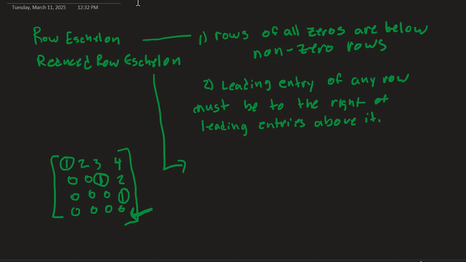So this is not reduced row echelon because we have this 3 here. So I've got a 1 in the leading position in column 3, and so I should have zeros in all of the other rows in that column.